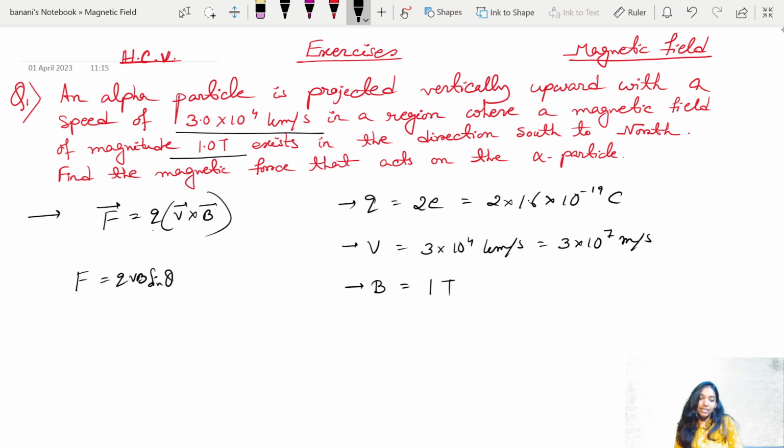So what is the angle between V and B, velocity and the magnetic field? Let's draw this diagram.